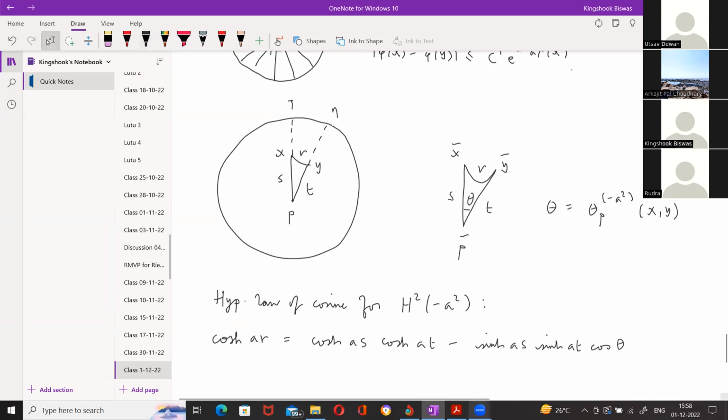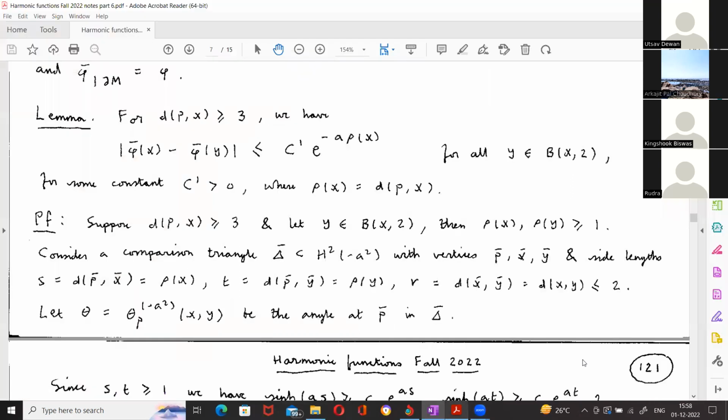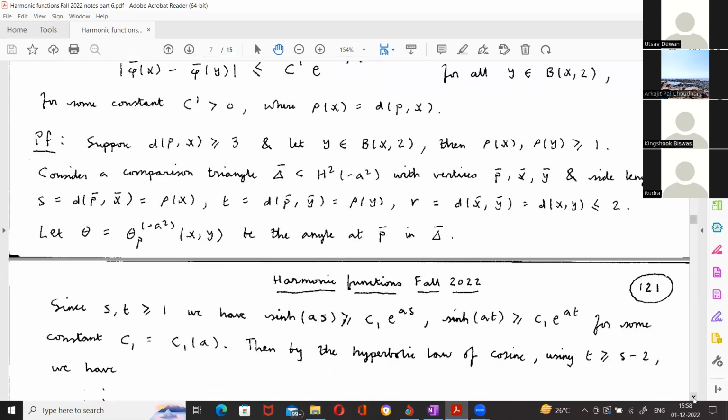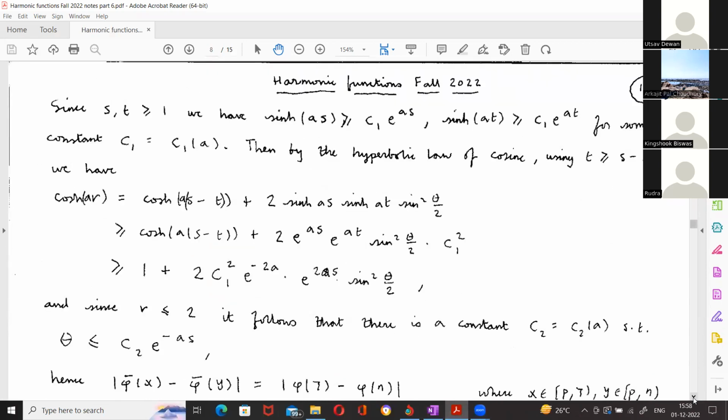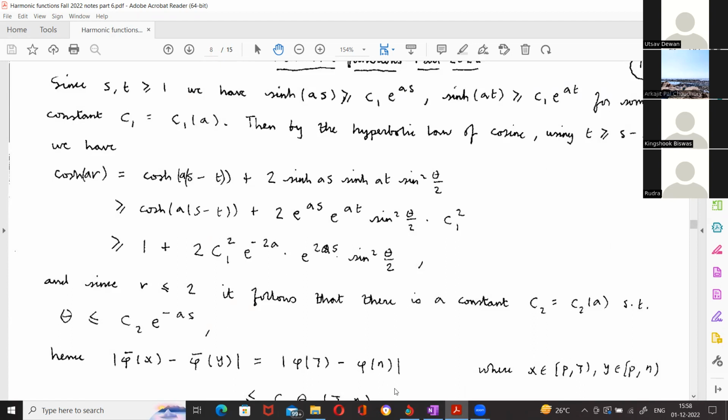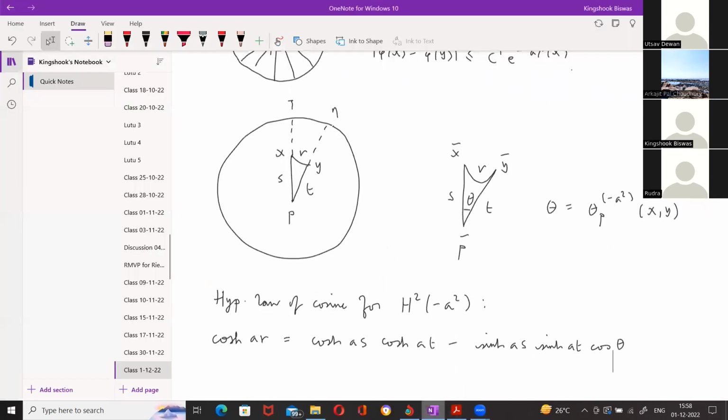So what I'll do is I'll rewrite this hyperbolic law of cosine in the following form. You write cos theta as 1 minus 2 sine squared half theta.